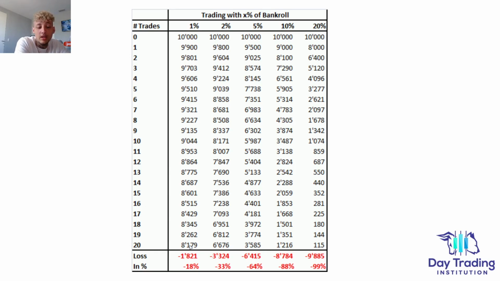And notice that even if you lose 20 trades in a row and you don't win a single trade, because remember, right, we look for risk to reward, meaning that our next winning trade should make us at least 2 or 3 losses back, right? So if you lose straight 20 trades in a row, you're only going to be down 18% or $1,800, which you could make all of that back just by winning 10 trades in a row at a 2-to-1 risk to reward ratio, meaning that you're looking to gain 2 times what you're risking.